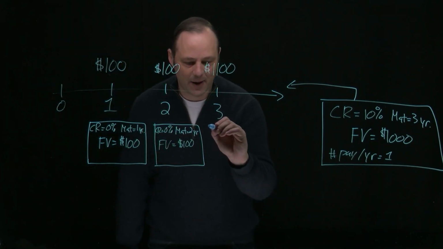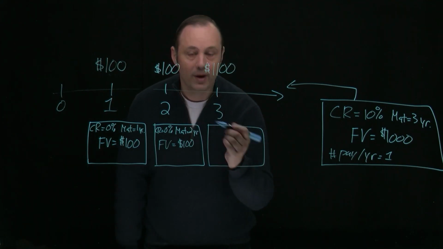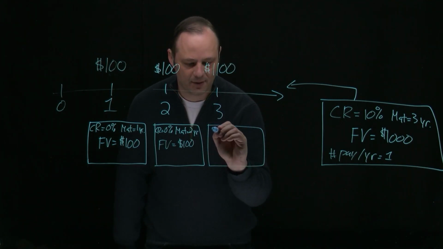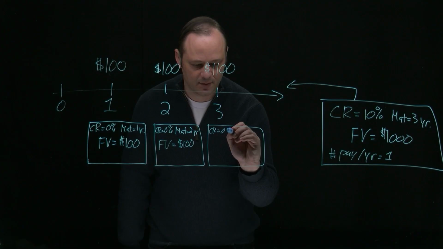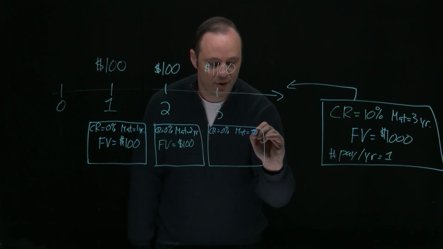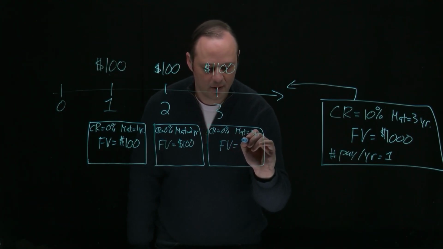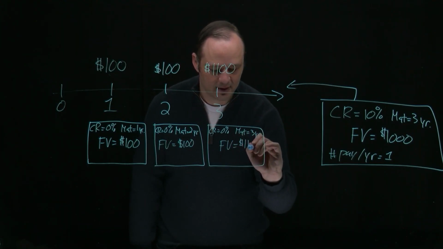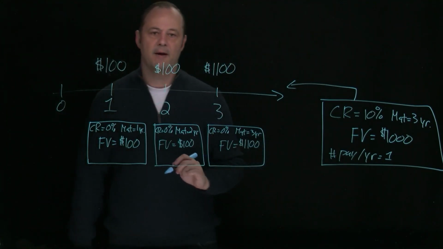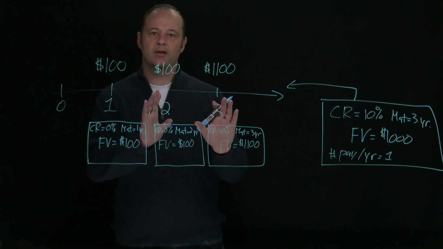And this last payment, we can think of as a zero coupon bond, coupon rate equals 0%, matures in 3 years, and its face value is $1,100.